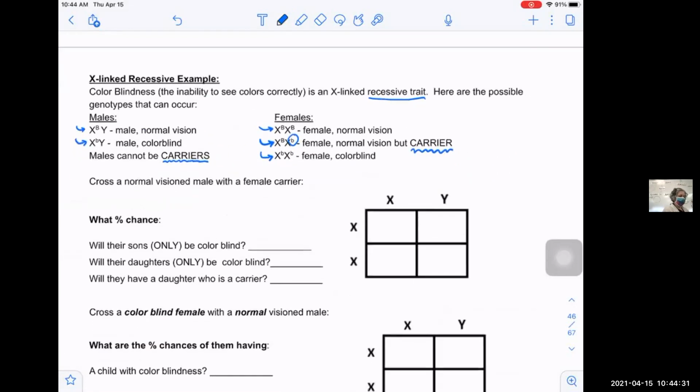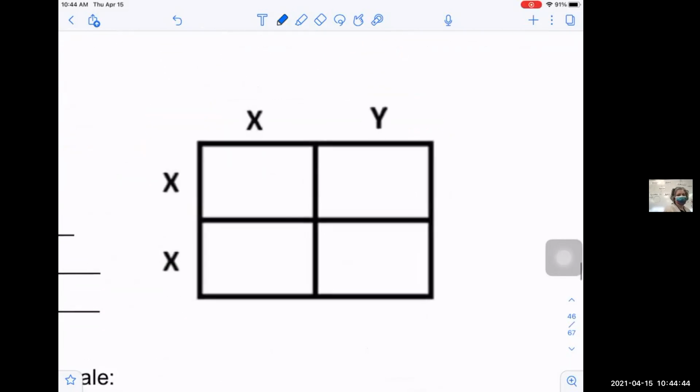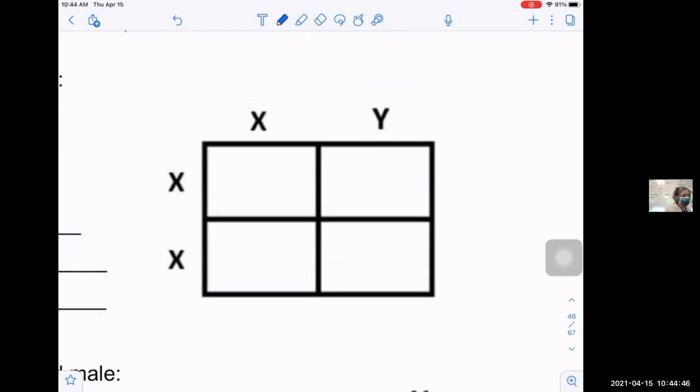All right. So let's cross a normal visioned male with a female carrier. I already wrote your X's and Y's, so you didn't forget to put them on there. Normal vision male has the dominant allele, and mom is a carrier, so she's got 1 big B and 1 little b.